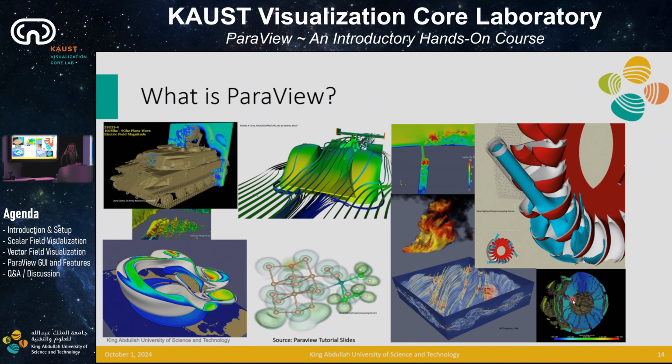So ParaView can do all of these things, which comes with a few pitfalls, and we will see that later. But it means you're not bound to a specific tool that is specific for your kind of research. If you produce some kind of data that is 3D and ParaView can read it, then you can use it for visualizing it, whatever it is.